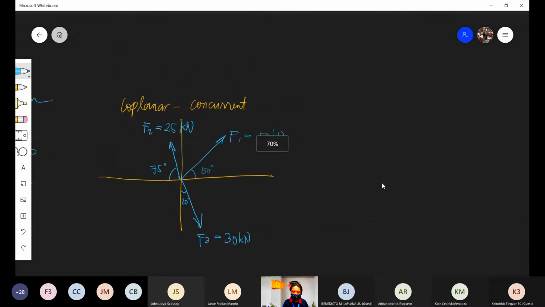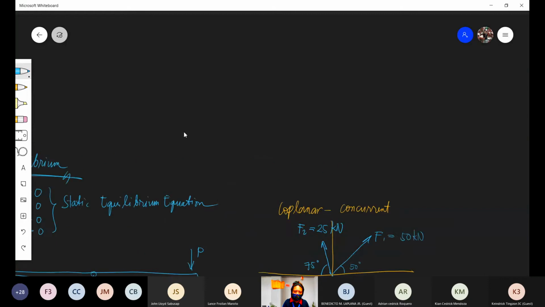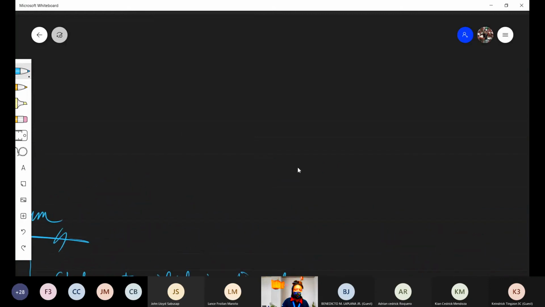So, this type of force system. There are three types of force systems. Let me discuss the force systems. Force systems, with an S. Number one, we have the coplanar concurrent.